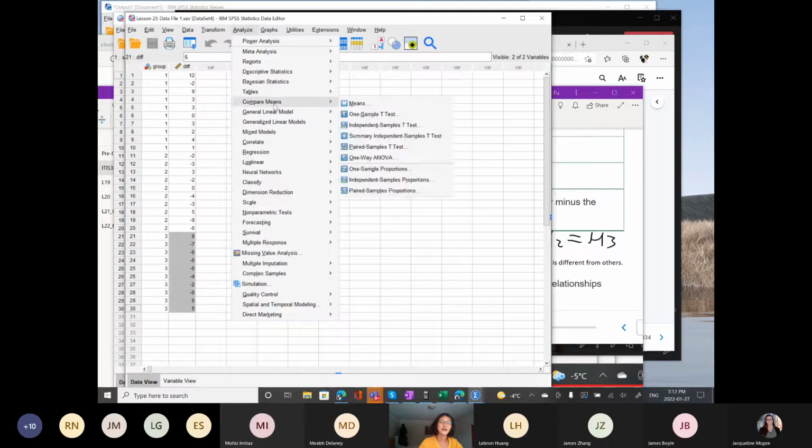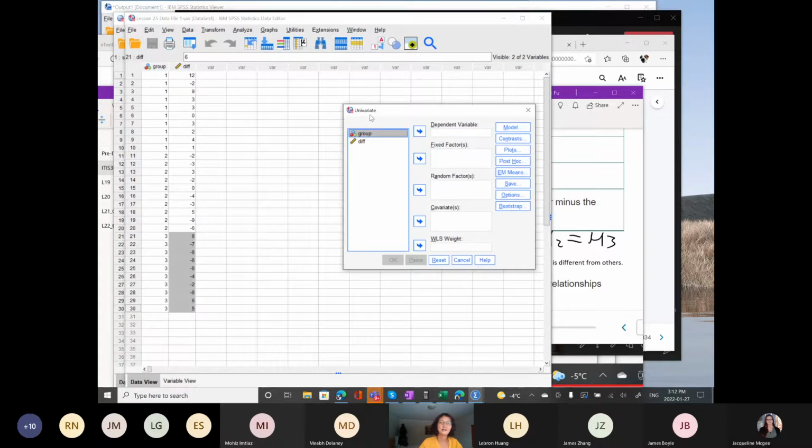So to do that, we'll do this. Analyze, general linear model, univariate. The dependent variable is this difference. And the group is our factor. We have 3 groups of people.